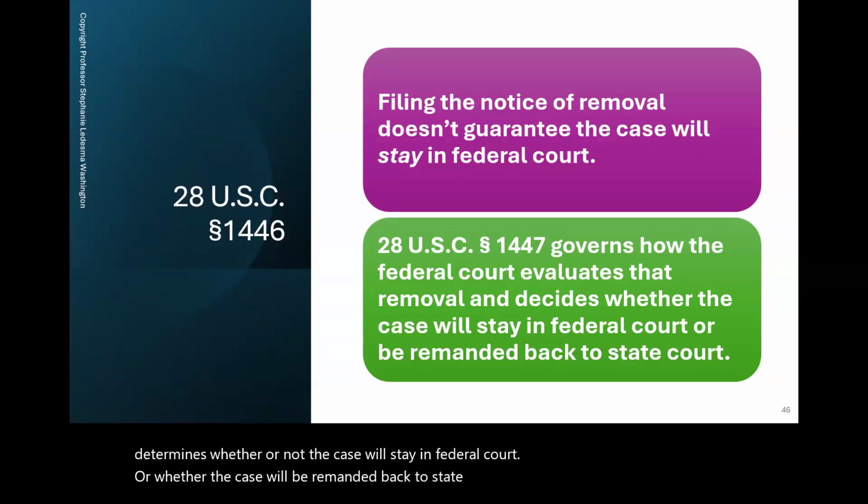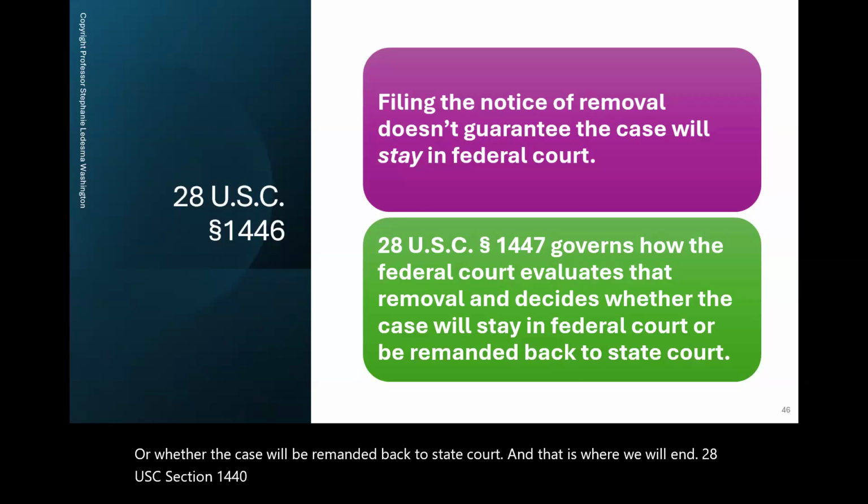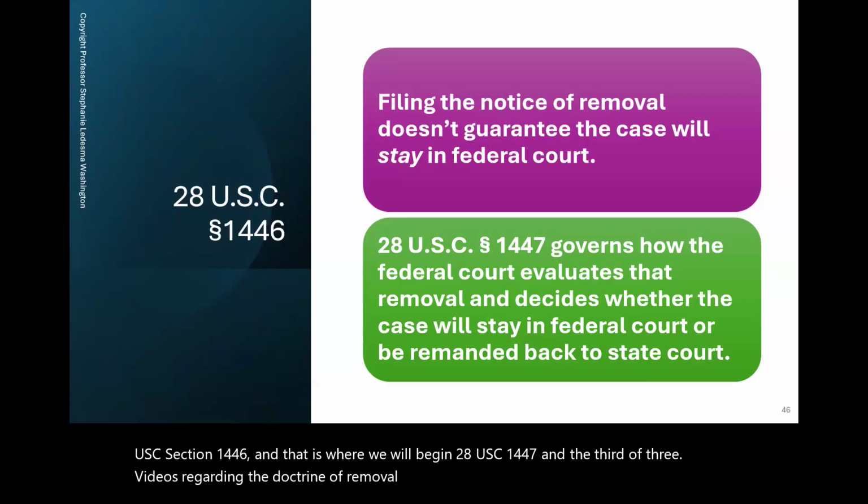And that is where we will end 28 U.S.C. section 1446. And that is where we will begin 28 U.S.C. 1447, the third of 3 videos regarding the doctrine of removal and remand. I'll see you in the next video.